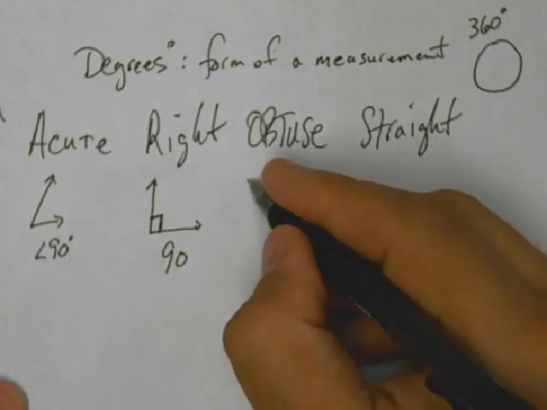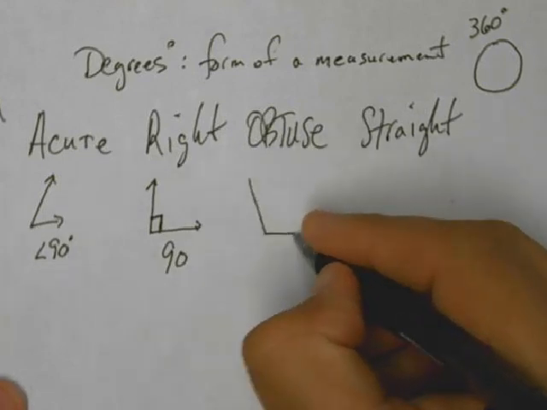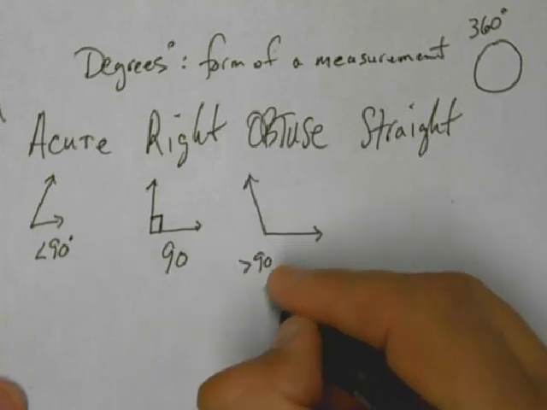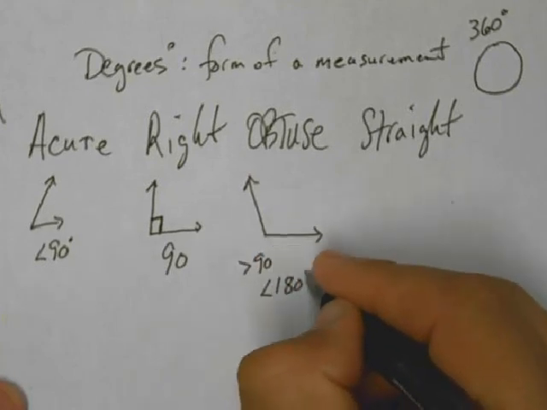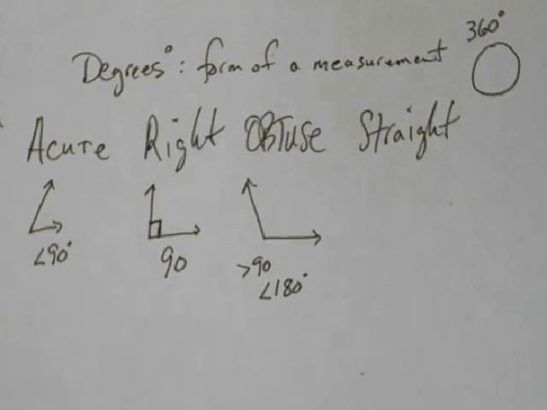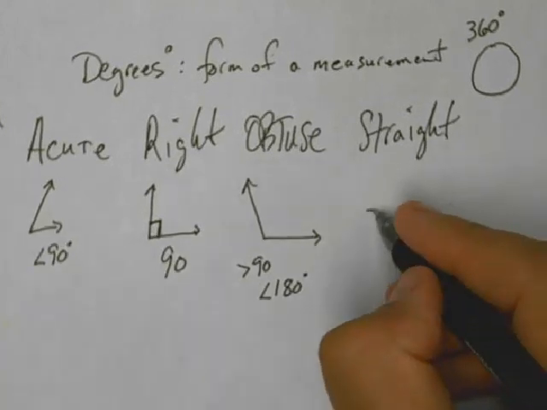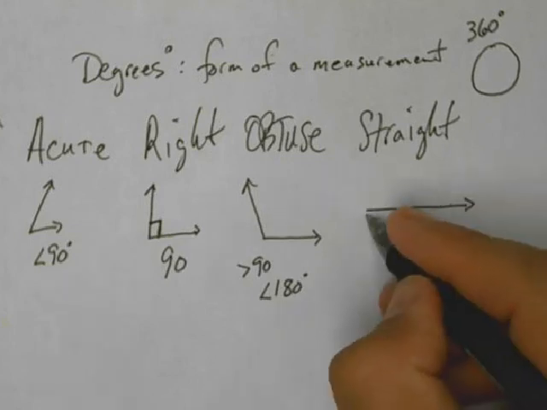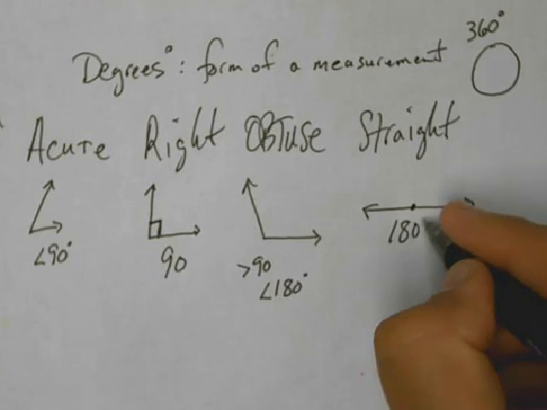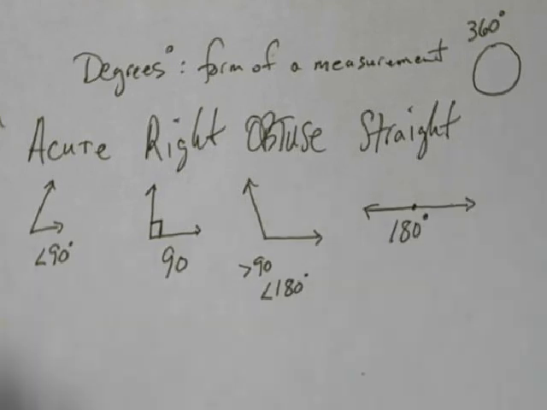An obtuse angle is something greater than 90 but less than 180. And then a straight angle is one a lot of people forget about. It's just a straight line, 180 degrees. Those are the 4 angles that we will deal with all year.